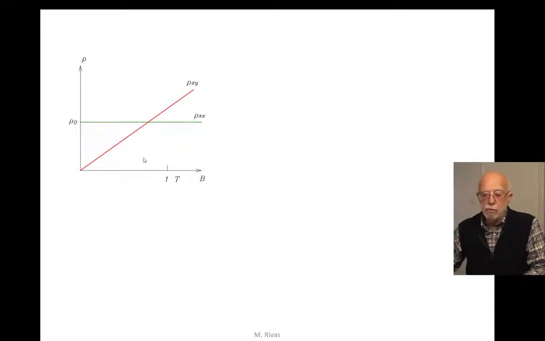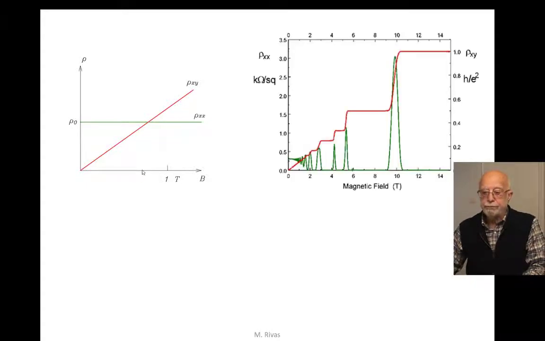However, this picture is only valid in this small region for small magnetic fields. The real picture is this. So the ohmic resistivity is constant, but it oscillates for higher magnetic fields. The rho XY goes linearly with the magnetic field, but at certain values of the magnetic field, it remains constant, rises, remains constant.